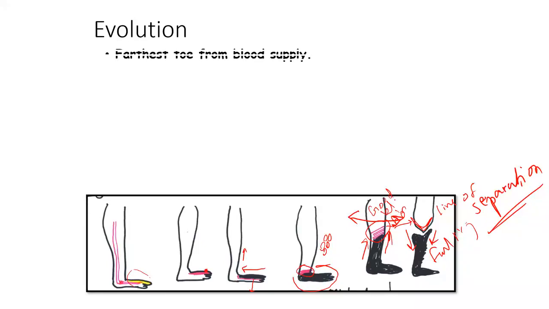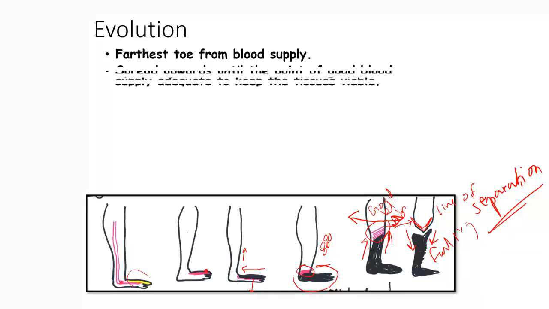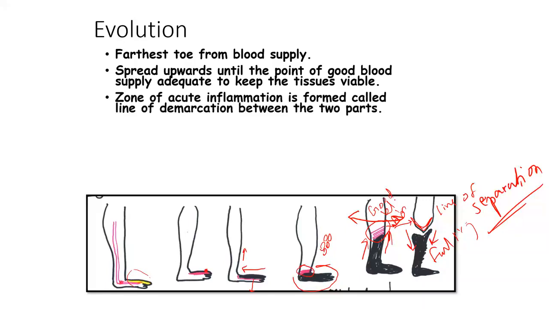So the evolution of dry gangrene starts in the farthest toe from blood supply and spreads upwards until the point of good blood supply adequate to keep the tissues viable. There is a zone of acute inflammation called the line of demarcation between the two parts, the gangrenous part and the healthy part, which is pink in color.